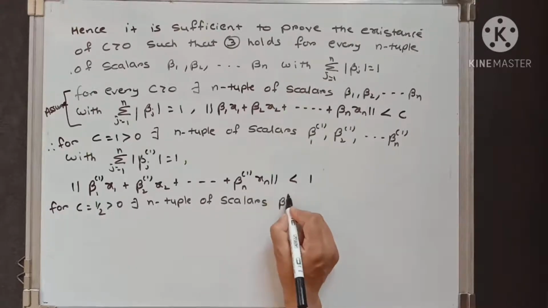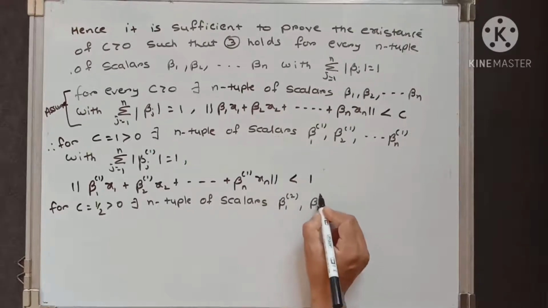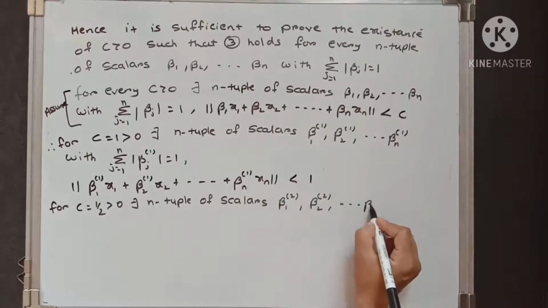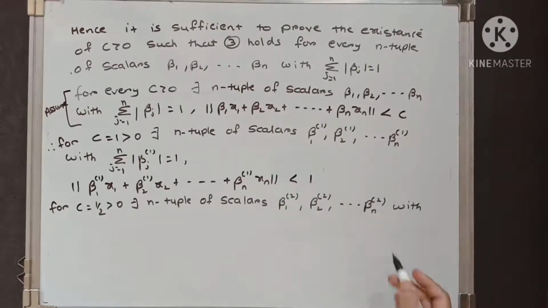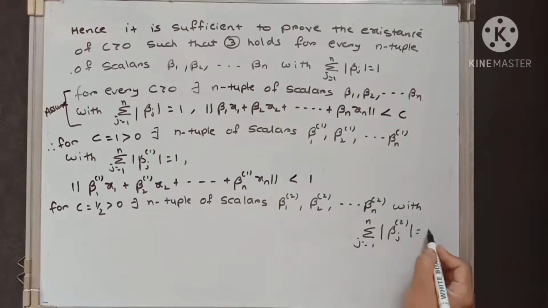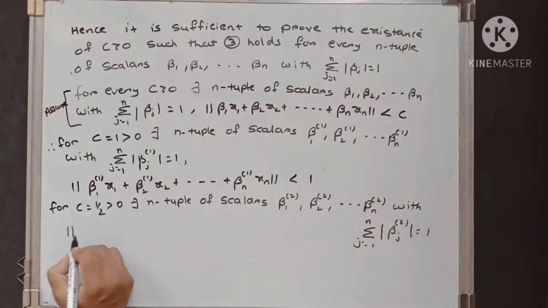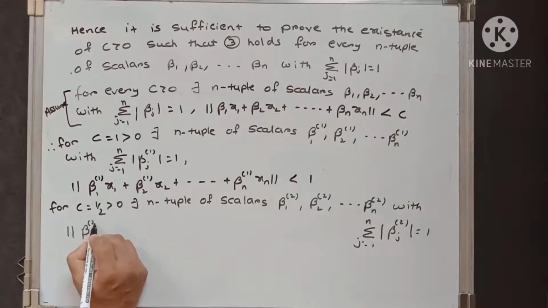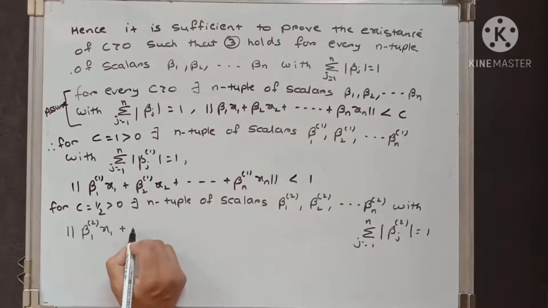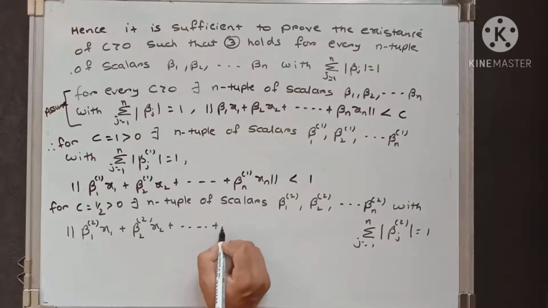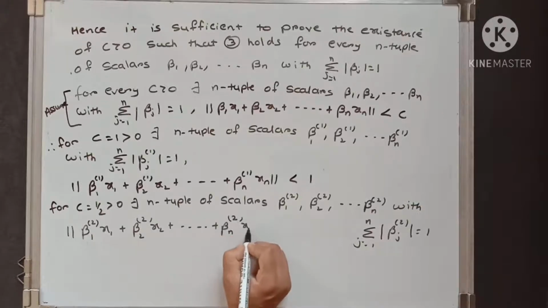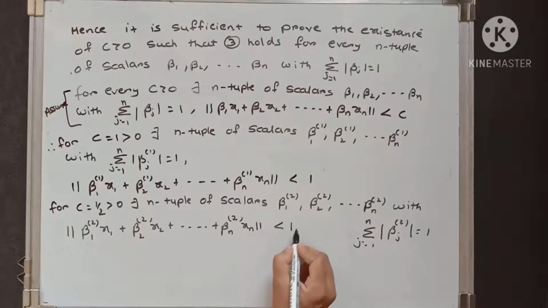We give it the name beta 1 2, beta 2 2 up to beta n2, with summation j from 1 to n of mod of beta j2 equals 1 and norm of beta 1 2 x1 plus beta 2 2 x2 up to beta n2 xn less than 1 by 2.